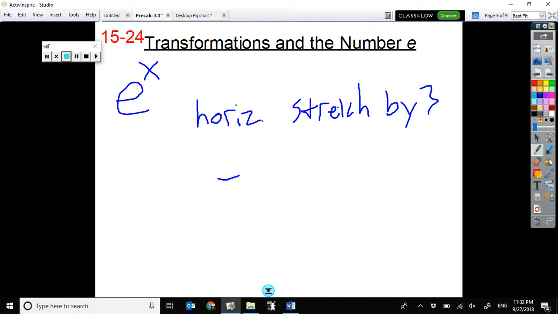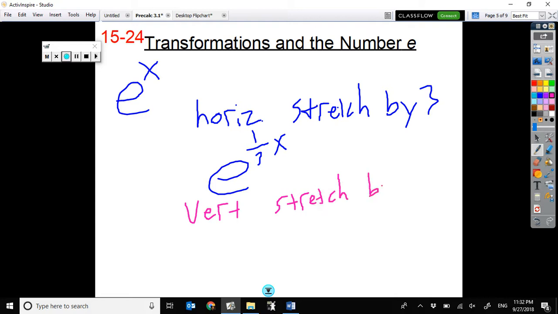So this is going to be e to the 1/3 x. Well, what about a vertical stretch by 3? Vertical's on the outside, so this would be 3 times e to the x. And a lot of times we'll put it in parentheses to show that that x is just on the e.